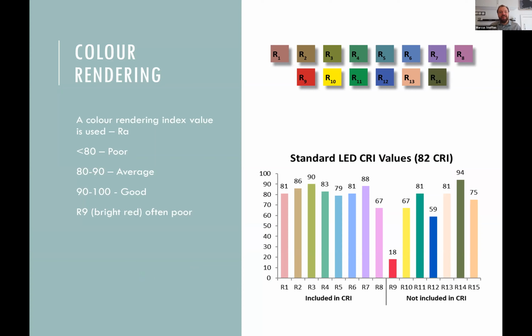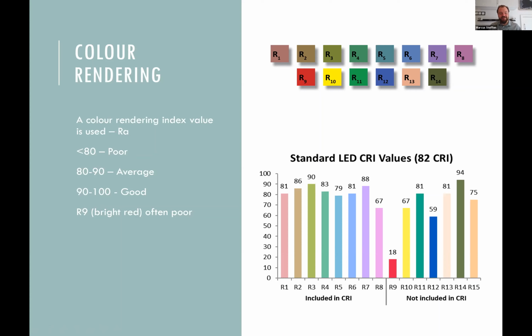Now, to see how closely it matches that standardized source, they measure 15 different colors, and they match across all of those, how accurately it matches. But here comes the nuance of CRI and a major complication within the industry in recent times: for a long time, the average value has not factored in the last 6 values for CRI.